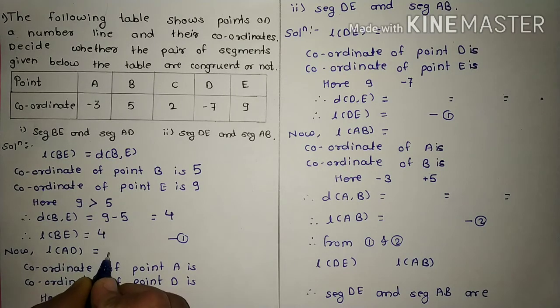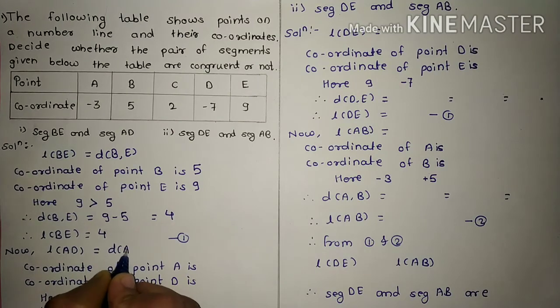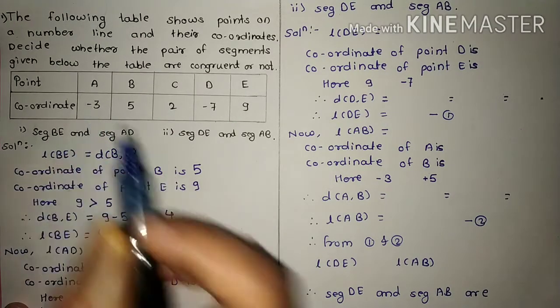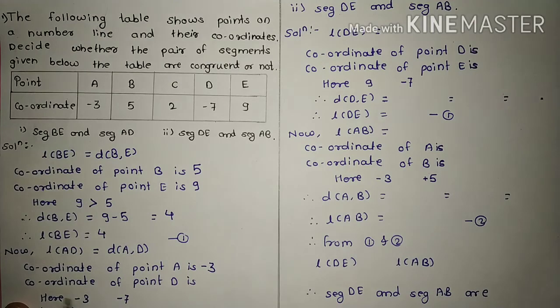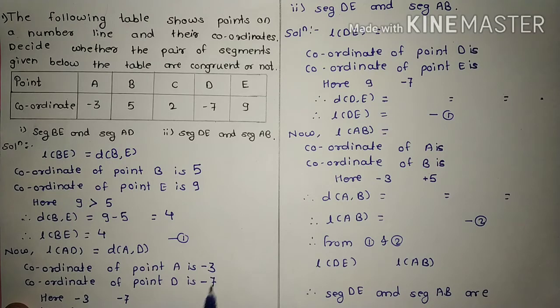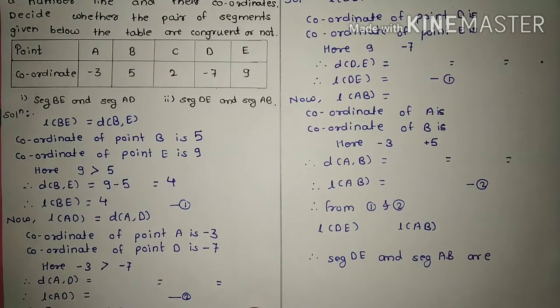That is, length of AD is distance between point A and D. So first we write coordinate of point A. Coordinate of point A is -3. Coordinate of point D is -7. Here -3 is greater than -7. Therefore to find distance between AD, we can subtract -7 from -3.